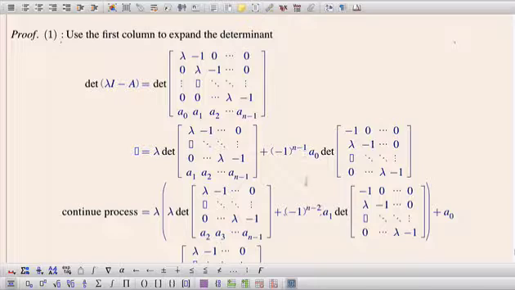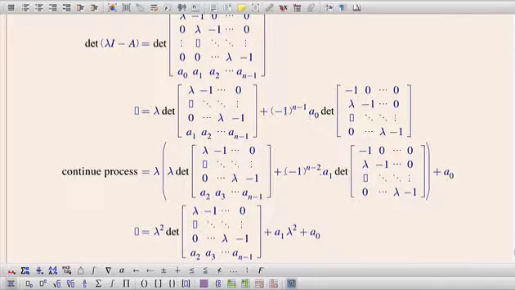And then we have minus 1 to the n minus 2 A1 now from here, and the determinant of the smaller part. And let's see what this is. Because this is lower triangular, n minus 1 by n minus 1, the product of the diagonal entries is minus 1 to the n minus 1. So together with this, the coefficient is 1.